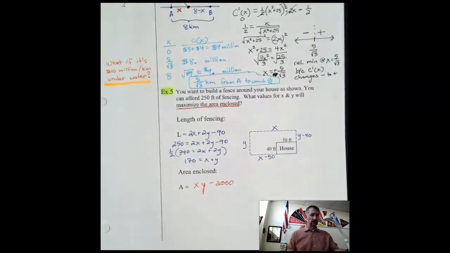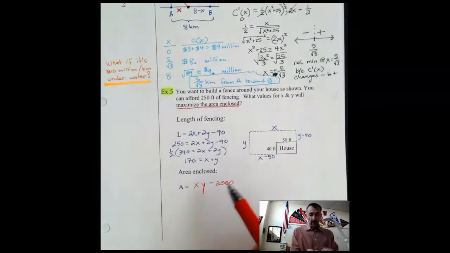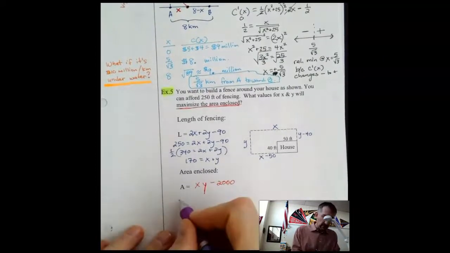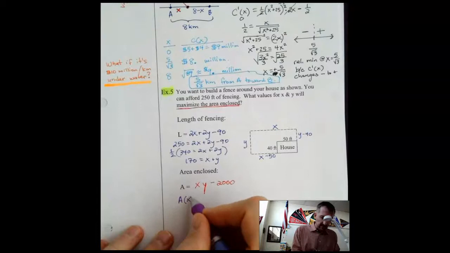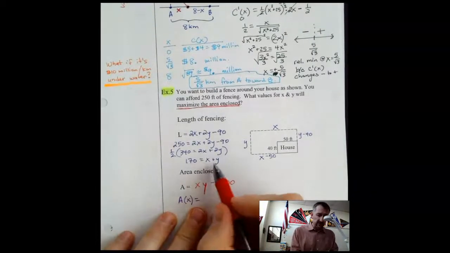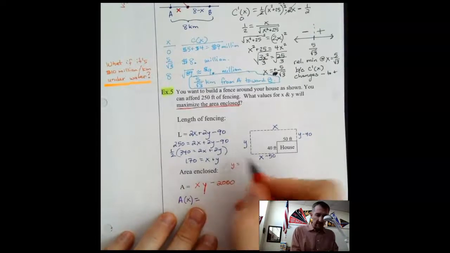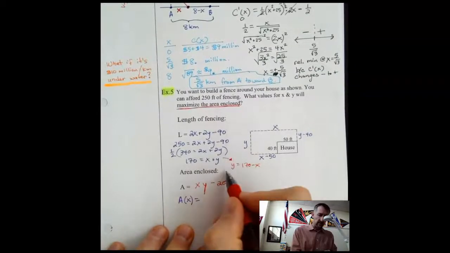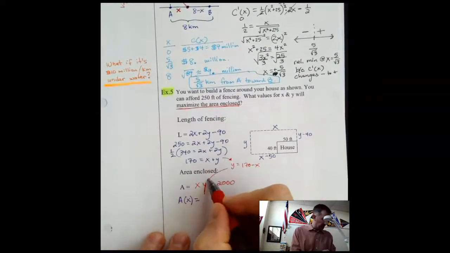Now, our next step is to rewrite this equation in terms of one variable. So I'm going to go with x. So I'm going to write my area in terms of x. Now to do that, I need to make an adjustment up here. I need to solve for y. So y is going to be 170 minus x. So that's where I'm going to go here, and then that's going to go in here.